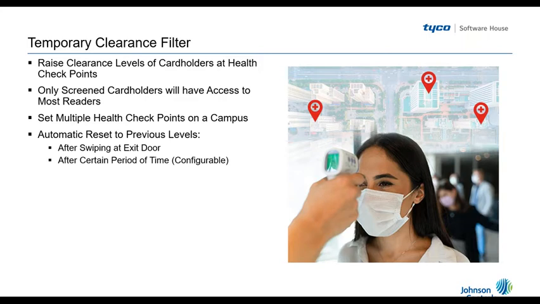So it could be a temperature control or a quick survey that they need to fill out, dependent on how their health is for that day. And then they badge into a designated reader at that area, and then their clearance levels will be updated so that they can have normal free flow through the buildings and doors that they typically have access to.